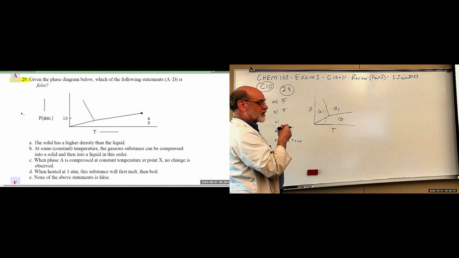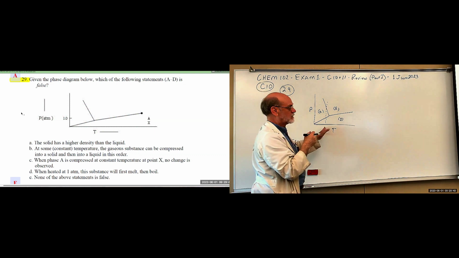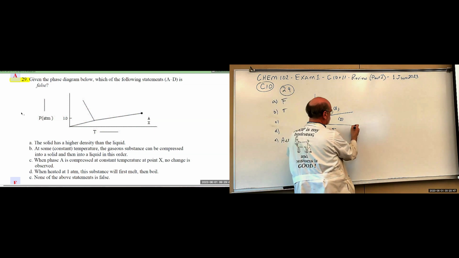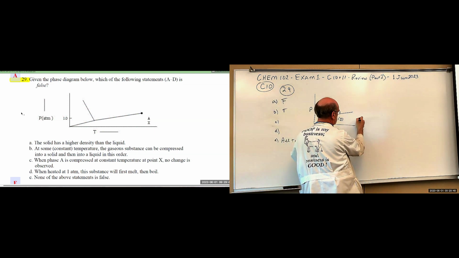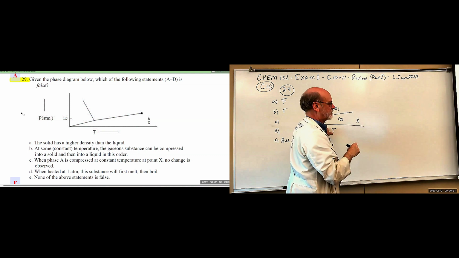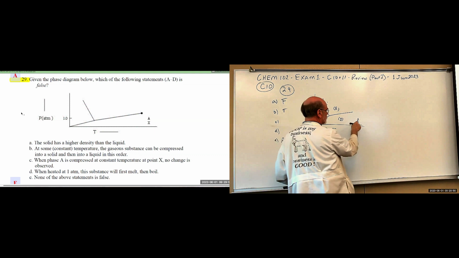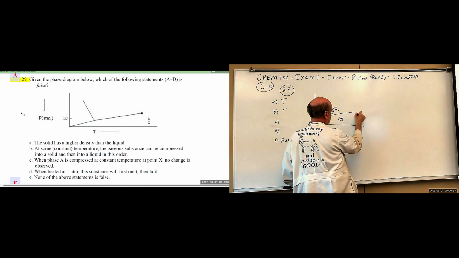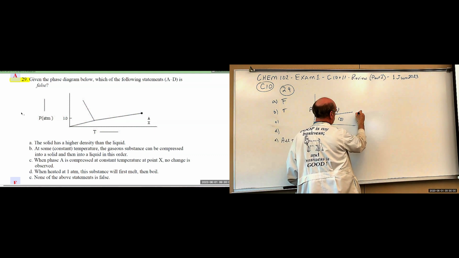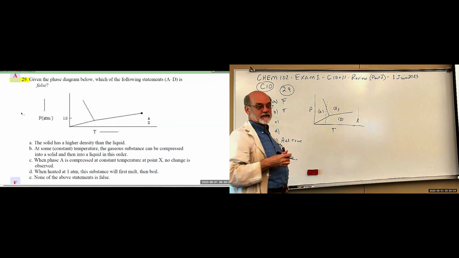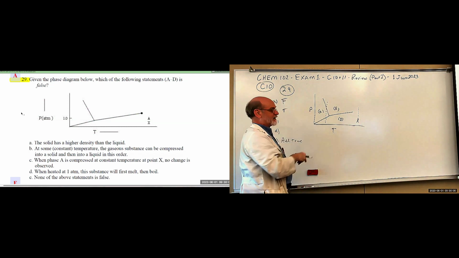When phase A is compressed at constant temperature at point X, we've got point X way out here. No change is observed. That's because you're in the critical region out here. You pressure here and can't see any difference. Can't tell the difference between liquid and gas.